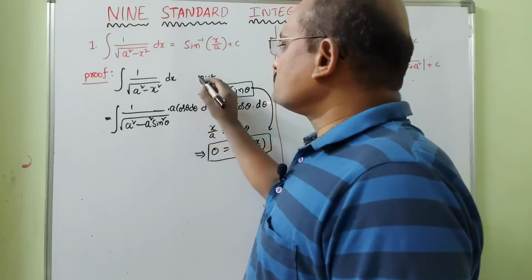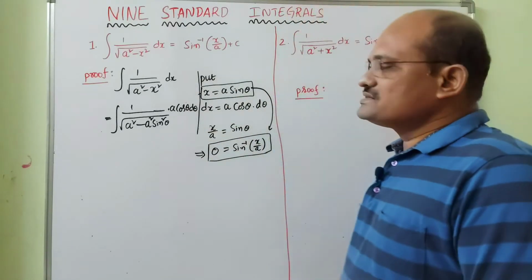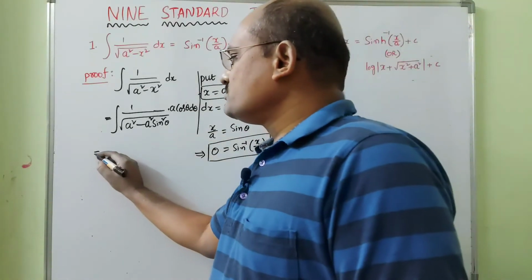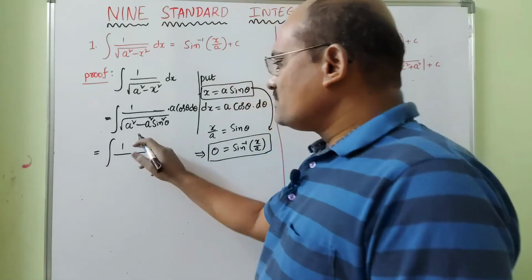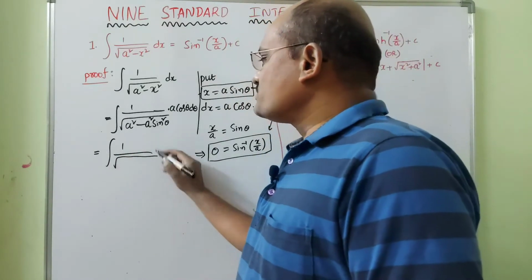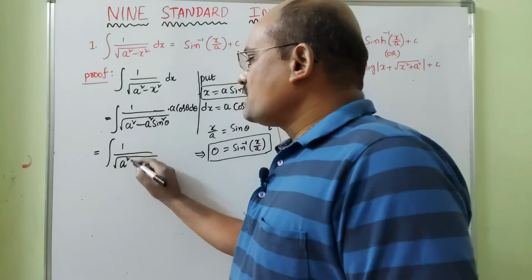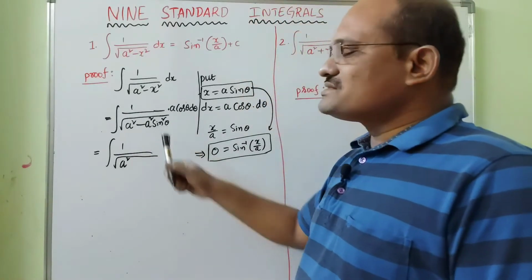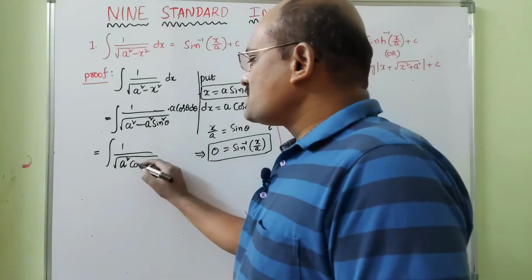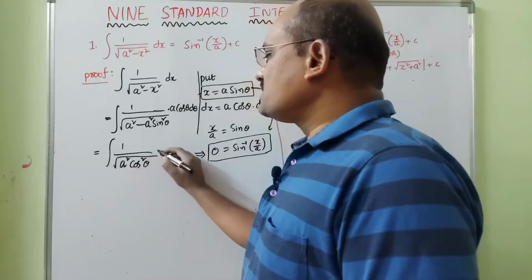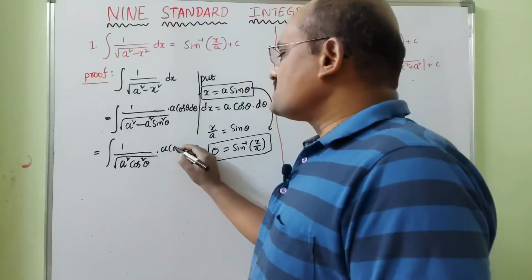Dx is a cos theta d theta. You know very well. Here a square comes common. Take a square common. You will get 1 minus sin square theta. 1 minus sin square theta is cos square theta. Here write this as it is.